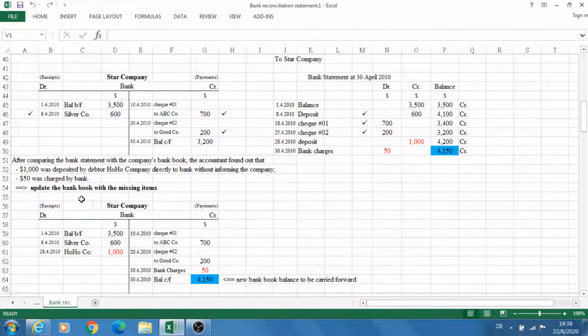Then update the bank book with these missing items: $1,000 deposit by Ho Company, $50 bank charges. Then calculate a new bank book balance to be carried forward.